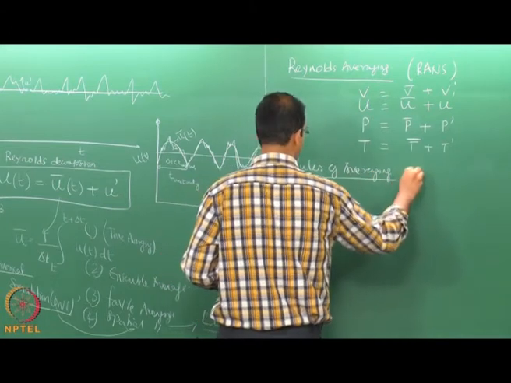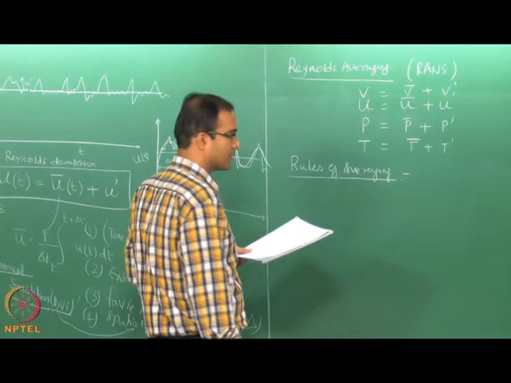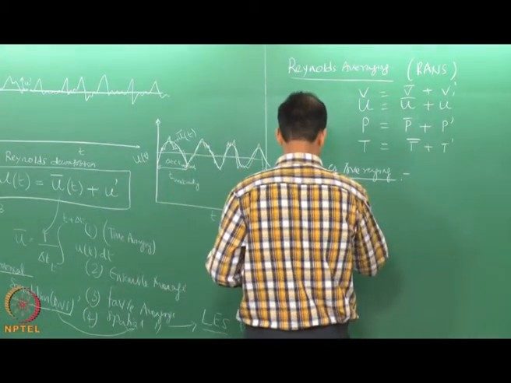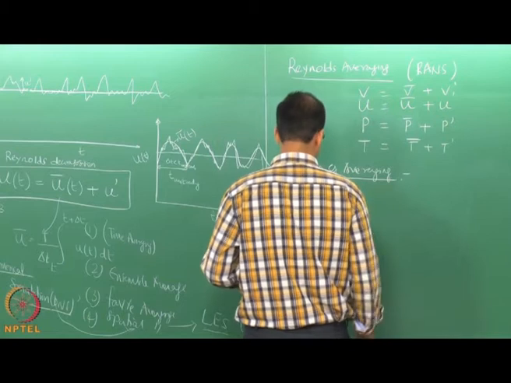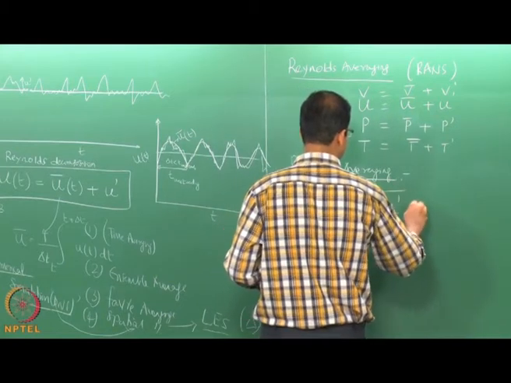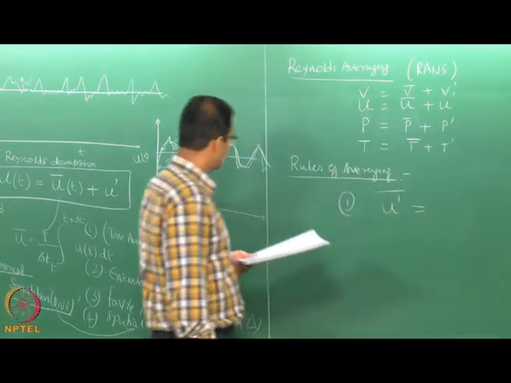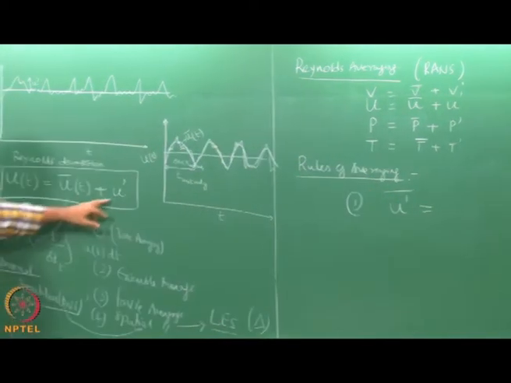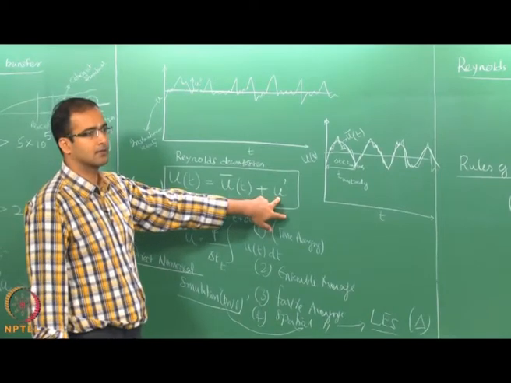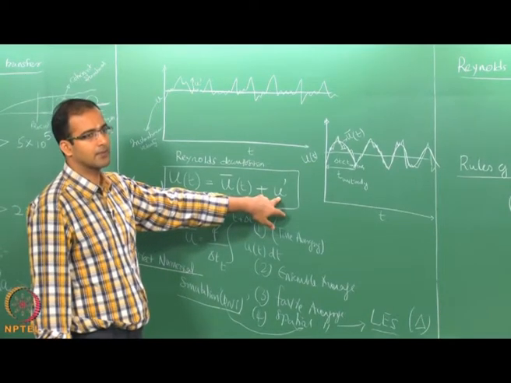Okay. So, these rules have to be satisfied when we apply averaging to the entire Navier-Stokes equation. The first rule: when you take the average of the fluctuating component, what will it be? It will be 0.